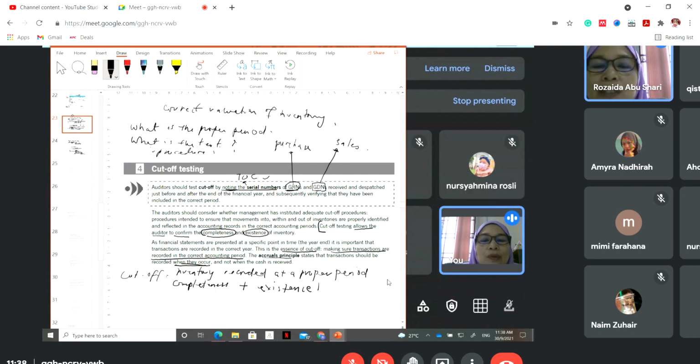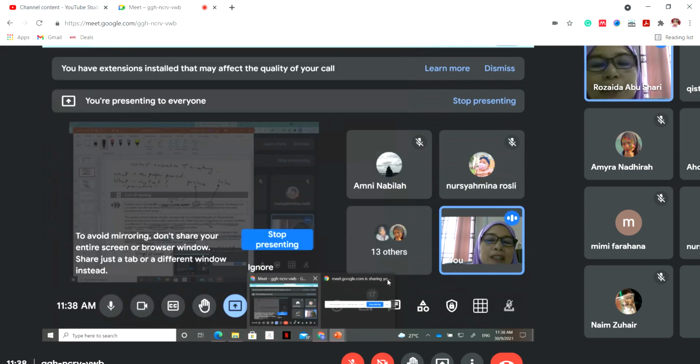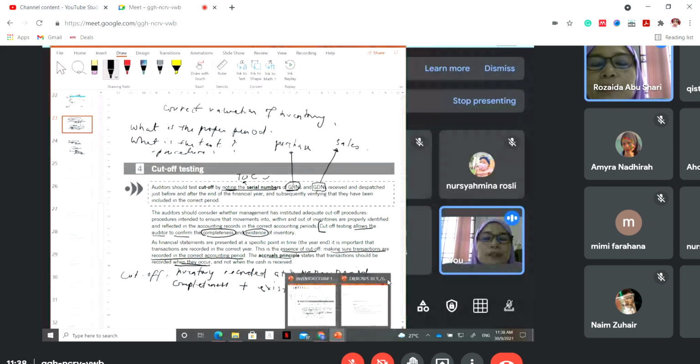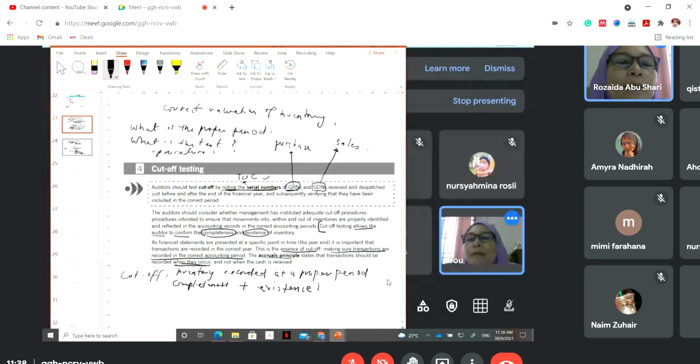So bila dia tengok GRN ni serial number dia katalah 0 to 100. Okay, then when you check to the purchase invoice, that purchase invoice must refer to GRN 200. So all information dia mesti related to GRN 200. Boleh. Sebab itu dia kata based on serial number.